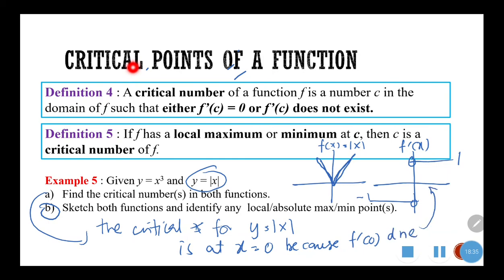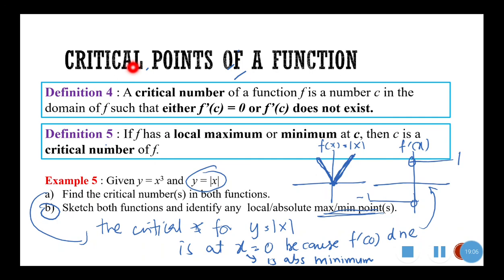And then from we sketch B, kita nampak kat sini at x equals to 0, is absolute maximum ke absolute minimum? Paling rendah ke paling tinggi? Paling rendah, right? So x equals to 0 is absolute minimum. Okay, for this one, x equals to 0 is absolute minimum.